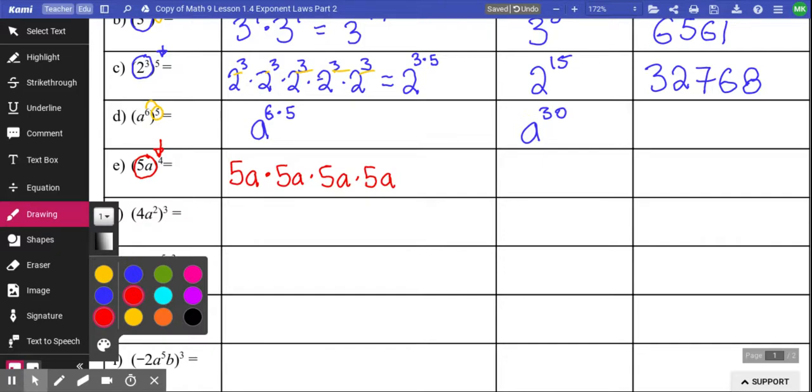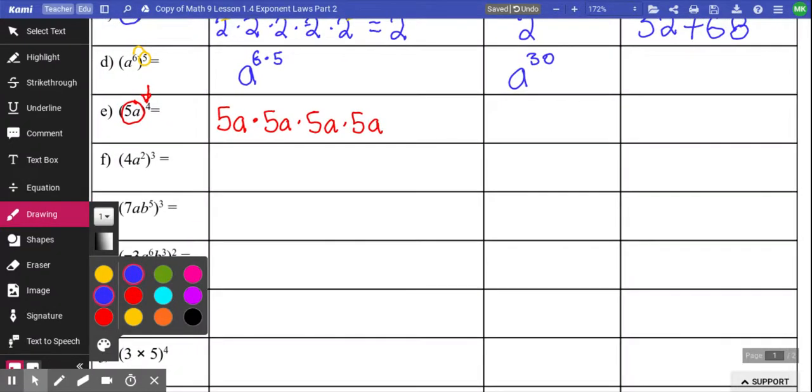We also learned last week that numbers can only multiply with numbers and letters can only go with the same letter. So if you look at something like this, I could look at all the 5s and realize they all have exponents of 1.